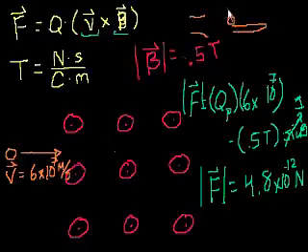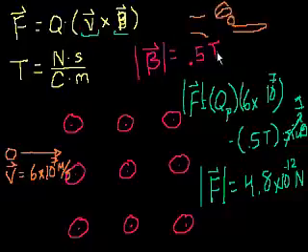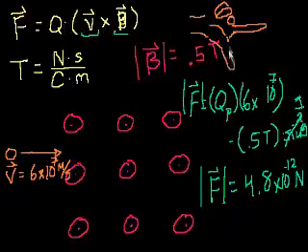And then my other fingers are just going to go like that. And then my thumb is going to do what? This is the heel of my thumb. And so my thumb is going to be at a right angle to both of them. So my thumb points down like this. This is often the hardest part, just making sure you get your hand visualization right with the cross product.